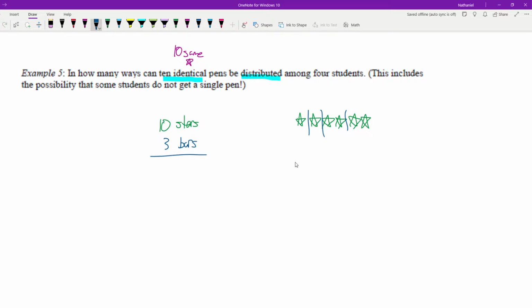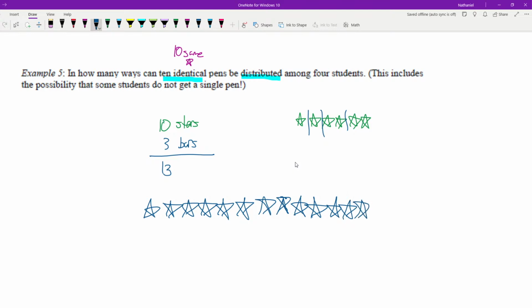Okay. And so we have 13 total things now. So what we do is we sort of make a tapestry of 13 of these stars. Whoa, I'm starting to lose it. 3, 4, 6, 7, 9, 10, 11, 12, 13. And then we pick some of them to not actually be stars, so maybe it's better to say things.